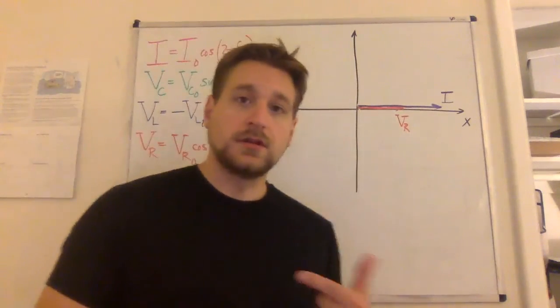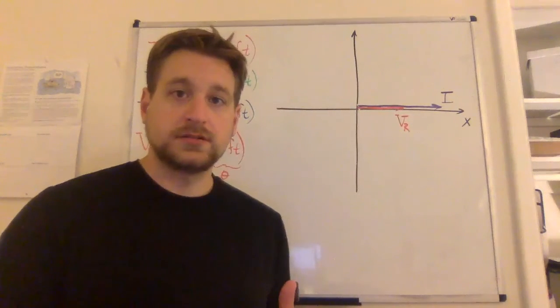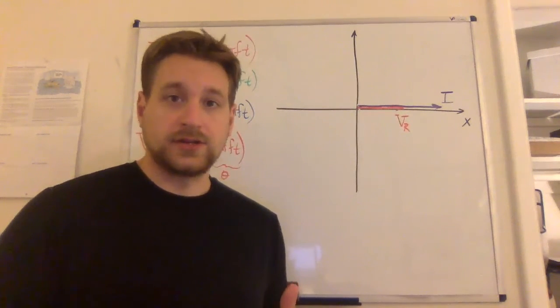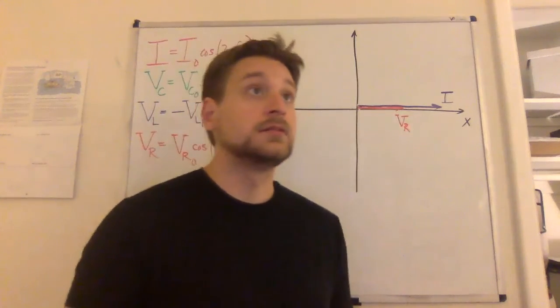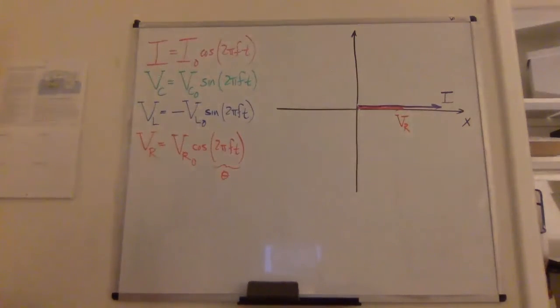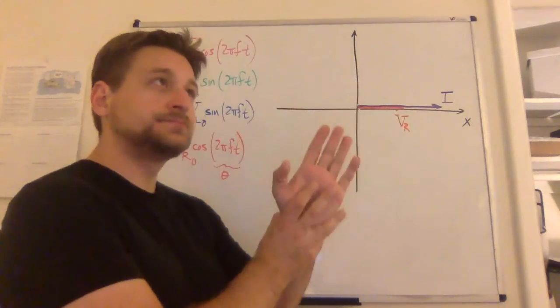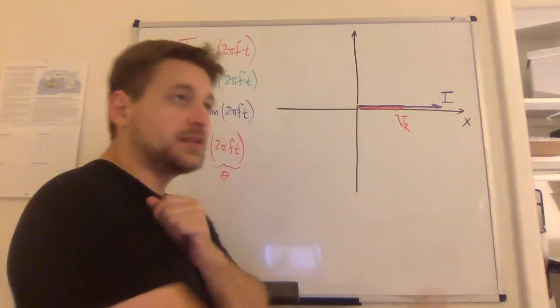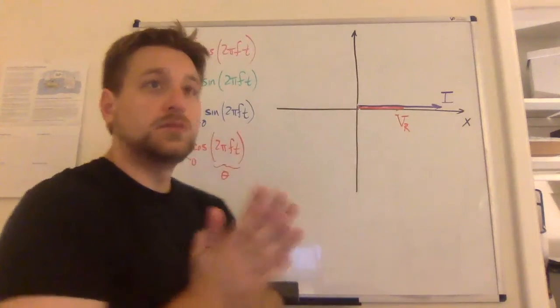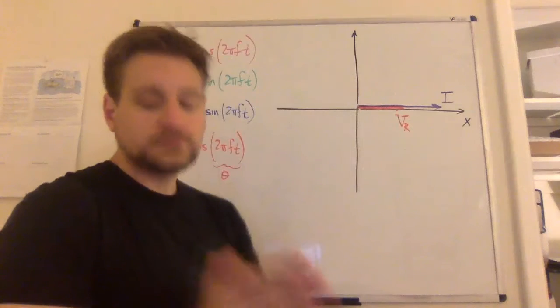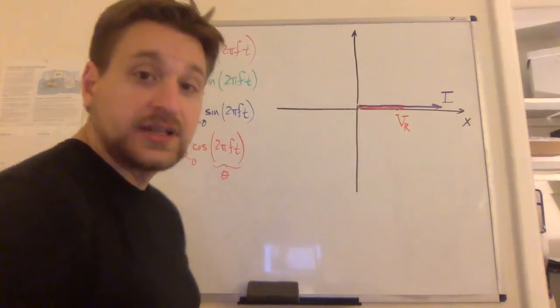The potential difference across the inductor should lead the current. In order to be a sine function, it's got to start at 0 and then go negative and then come back up and then go positive. We're tracking x components though. In order for that to work, we have to start it here.